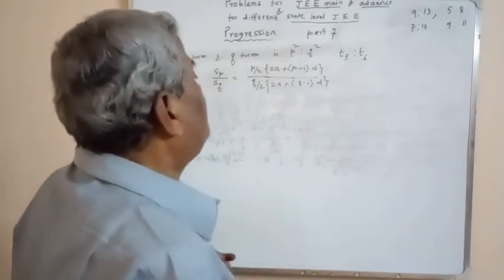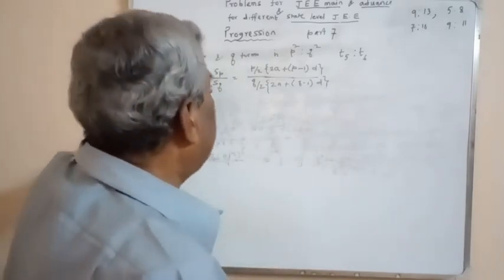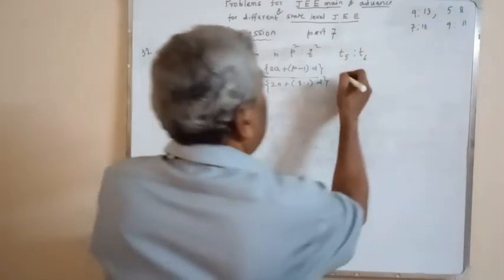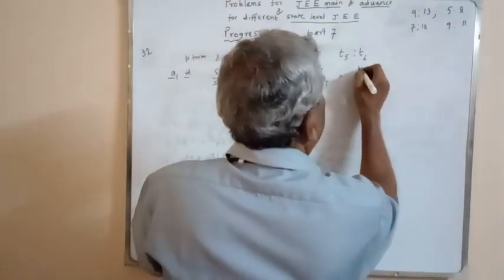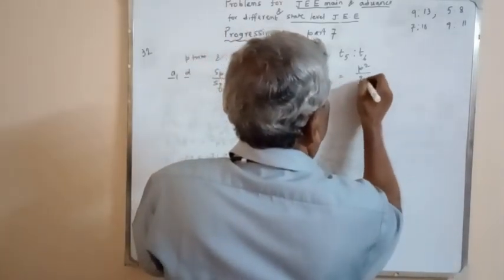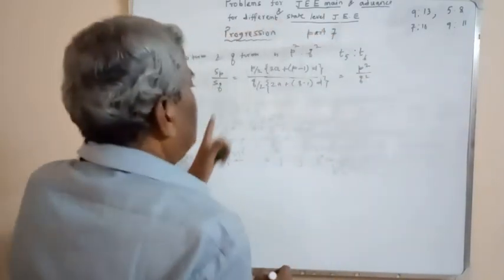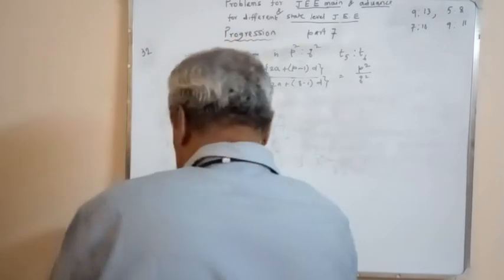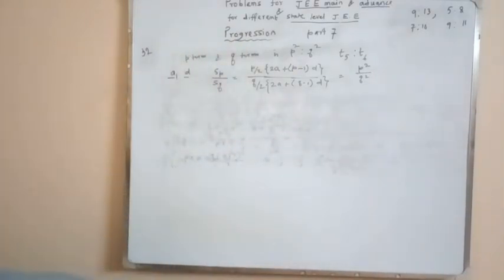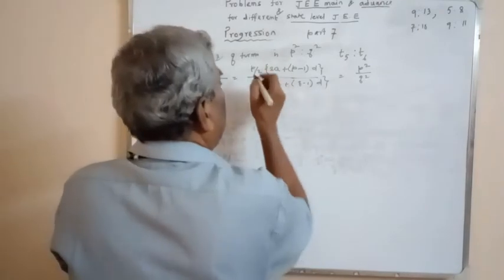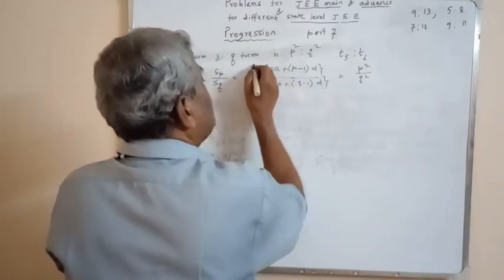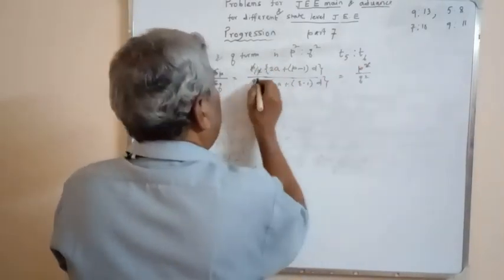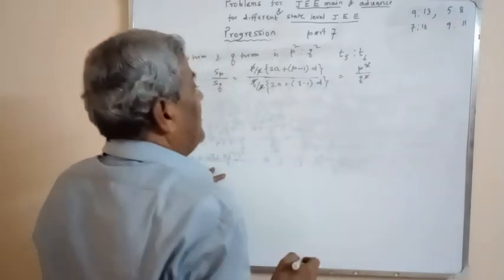Now from the given information, SP by SQ is equal to p square by q square. Now we calculate from this relation. First of all, the 2 by 2 cancels, p cancels with 1p, q cancels with 1q here.